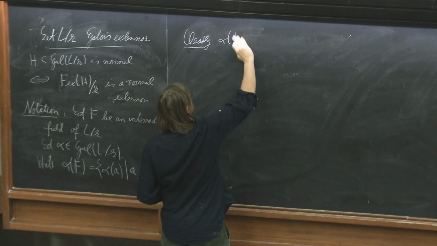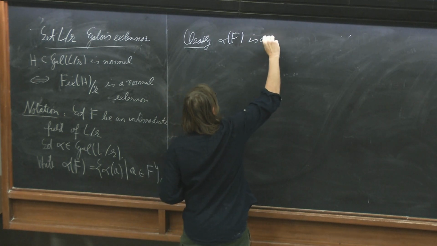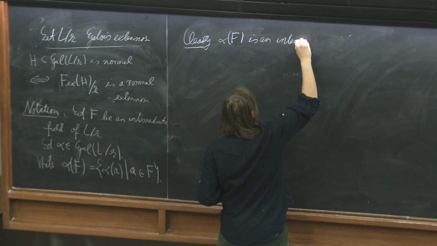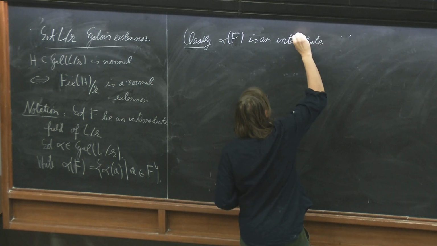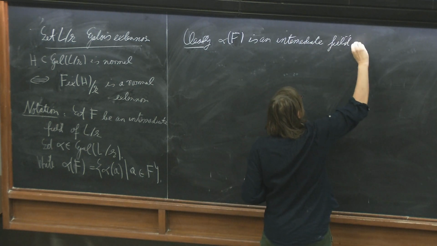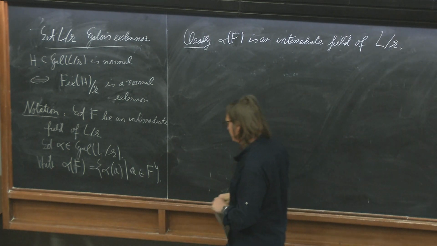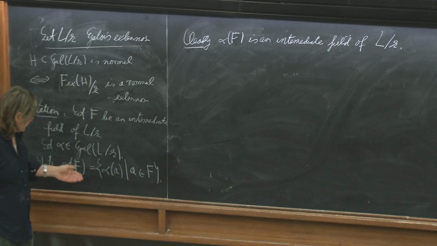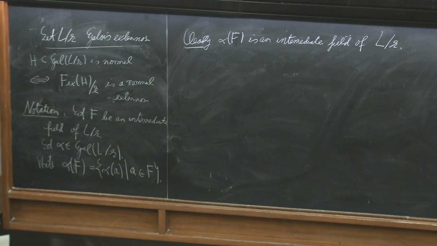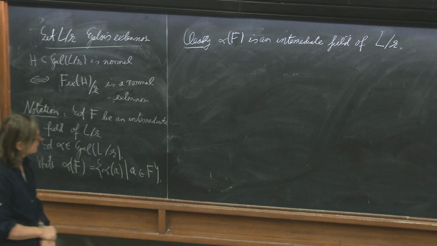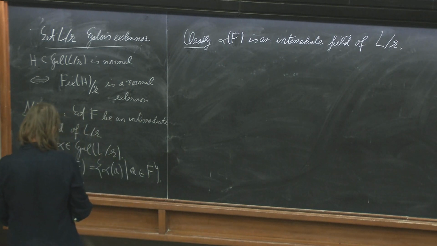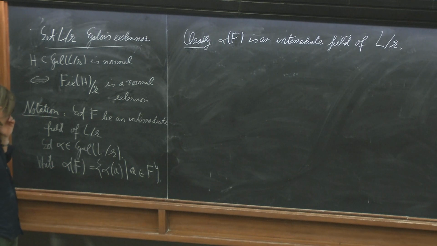Alpha of F is an intermediate field of the extension L over K. It also contains K because alpha restricted to K is the identity, so it certainly contains K. So that means, in a certain sense, you could say that the Galois group of L over K operates on the intermediate fields.